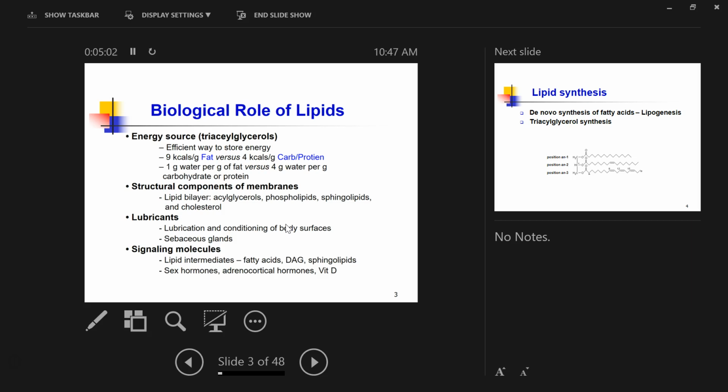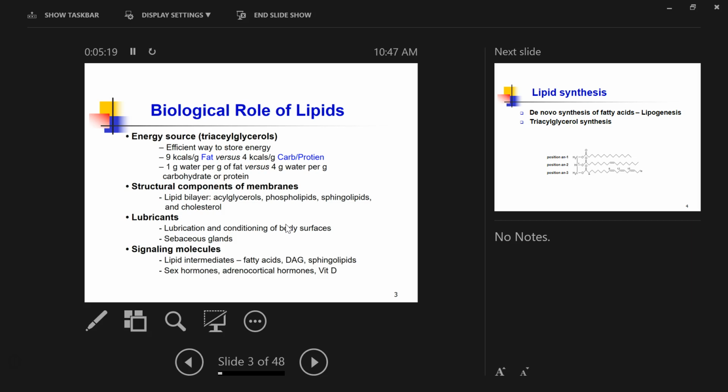That means some of the lipids or metabolites of lipids can regulate metabolism, can regulate some enzyme activities or gene expression, can regulate the body or cell metabolism, right?